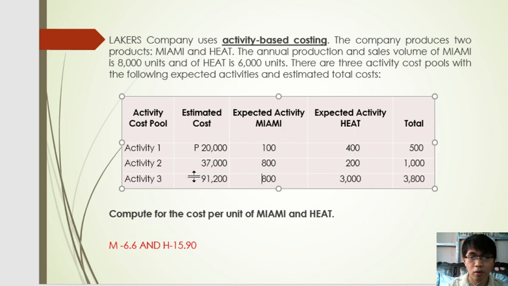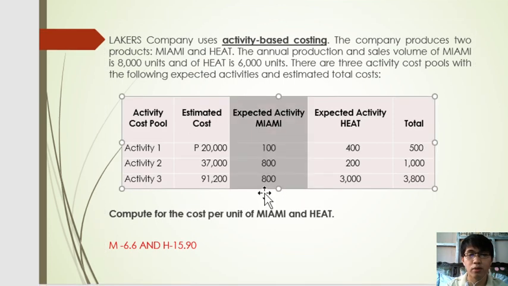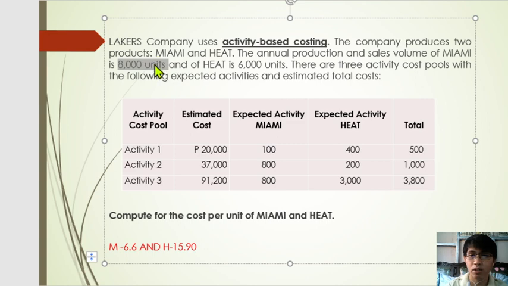So, yung mako-compute mong sagot doon, that will be your total cost for Miami. Dahil inallocate mo itong cost na to for Miami. Ang tinatanong is the cost per unit of Miami and Heat. So, yung cost na mako-compute mo doon, i-divide mo lang sa volumes ng Miami, which is 8,000. So the cost per unit of Miami is 6.6.